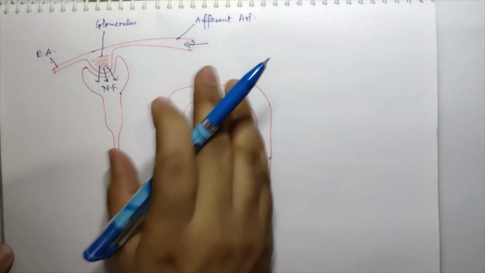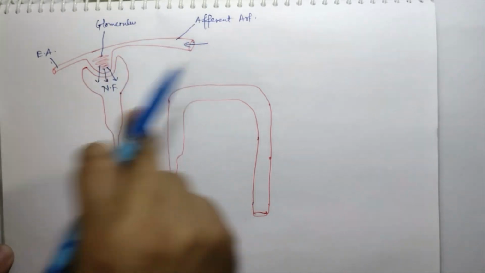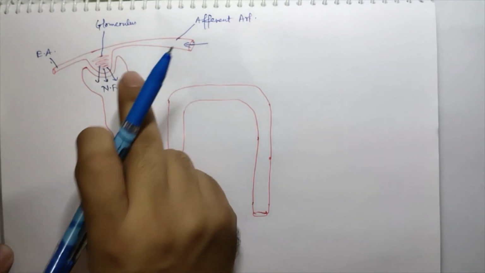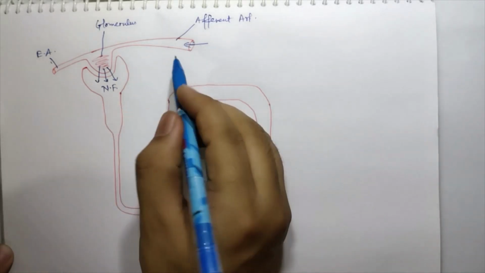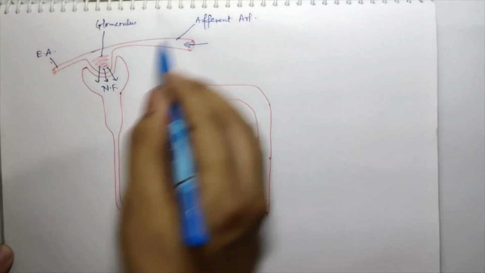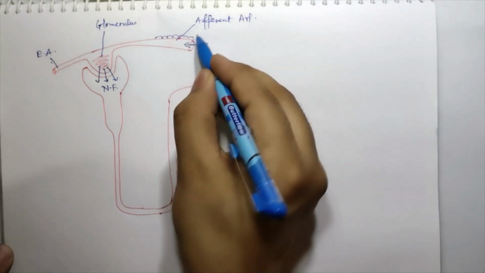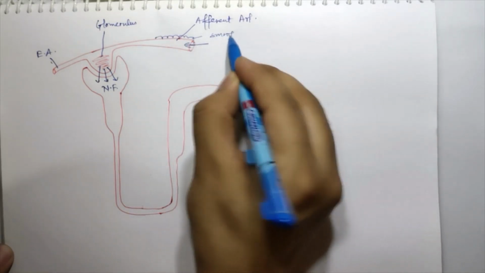But in this nephron, there are certain unique structural modifications which are observed in all nephrons. Blood vessels have smooth muscles.